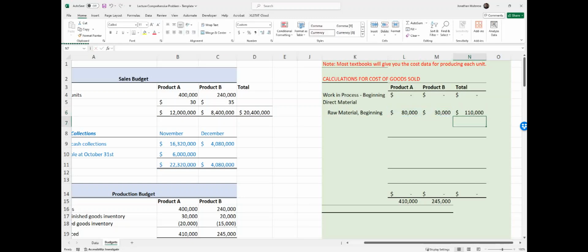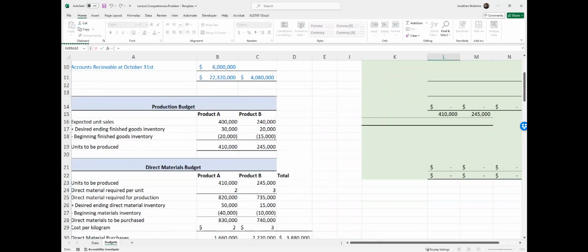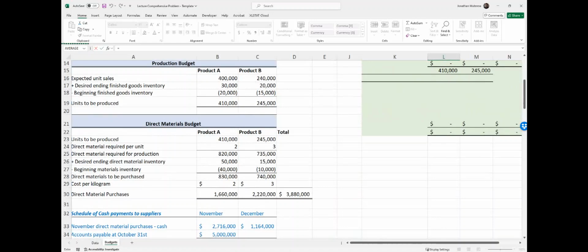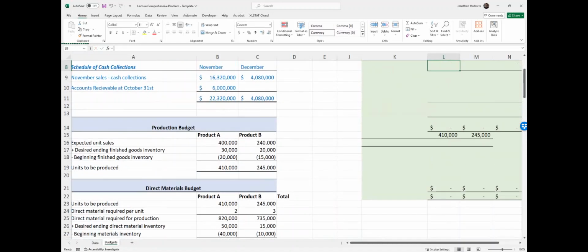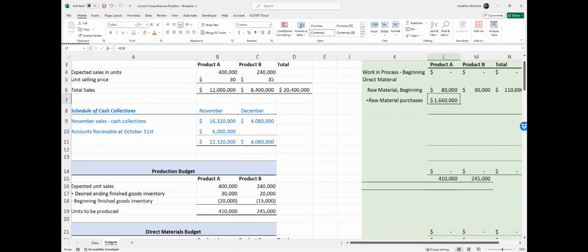And we need to add our raw material purchases. So we'll go get our raw material purchases, and again we have our raw material purchases in the raw materials budget. These were raw material purchases.